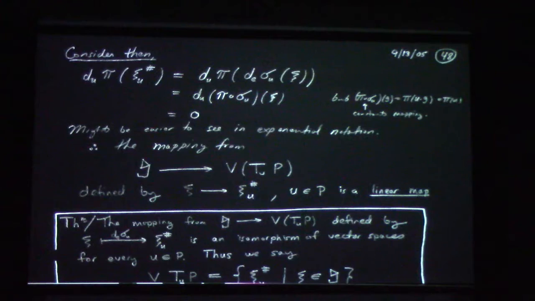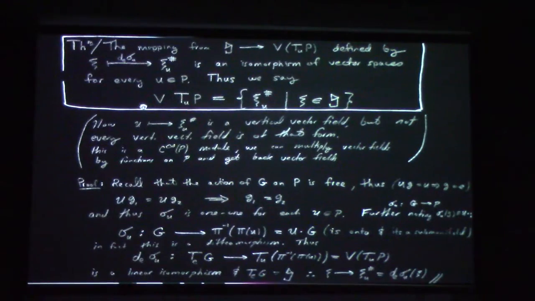That's an isomorphism of vector spaces. And so we have a copy of the Lie algebra, which is naturally identified with the vertical tangent vectors at a point, which is pretty cool. And so this is in fact a vertical vector field, all right? But anyway, not every vertical vector field is of that form.